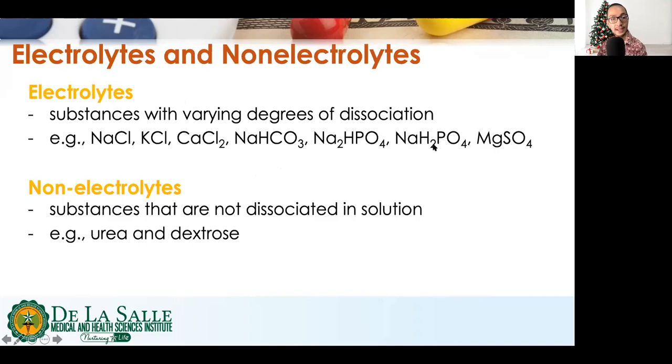Non-electrolytes are those substances which are not dissociated in solution, and examples of these are urea, dextrose, any other sugars like sucrose, glycerol, and other organic substances which are not ionized in a particular solution. So they are considered as non-electrolytes.